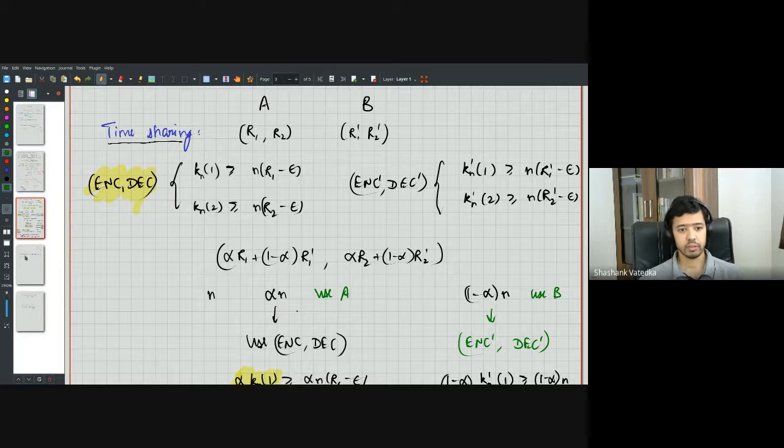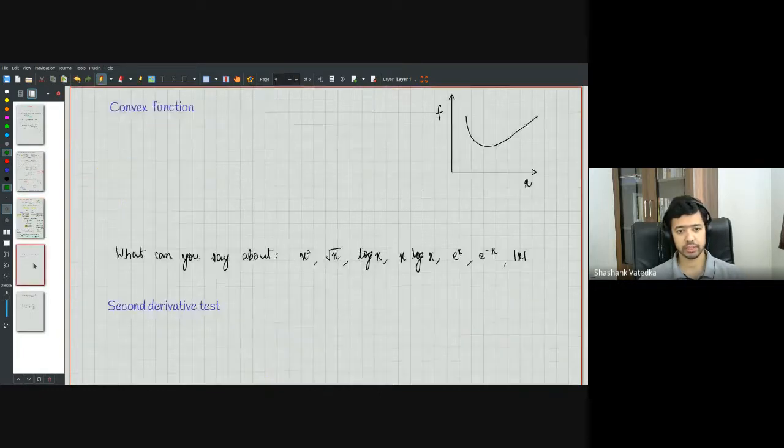Okay. All right. So with this, we'll wrap up the discussion on convexity. There's a little more. So this was something new, what you just saw on time sharing and the convexity of the rate region.